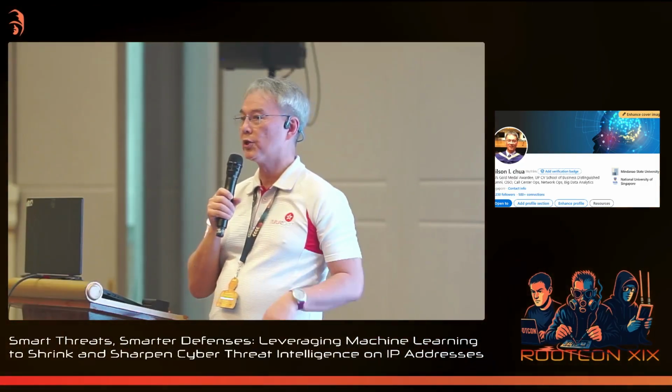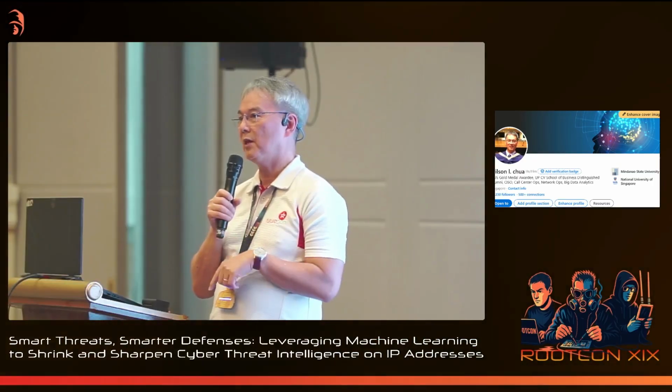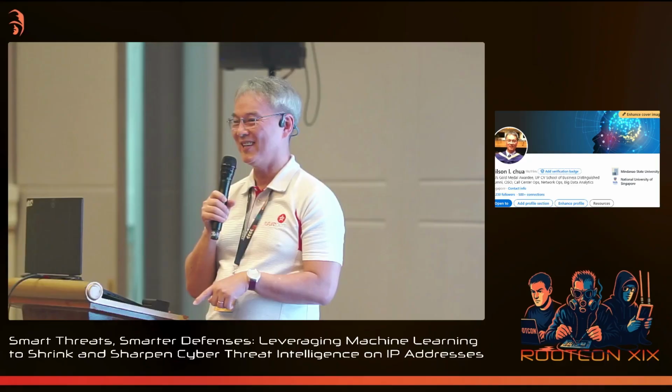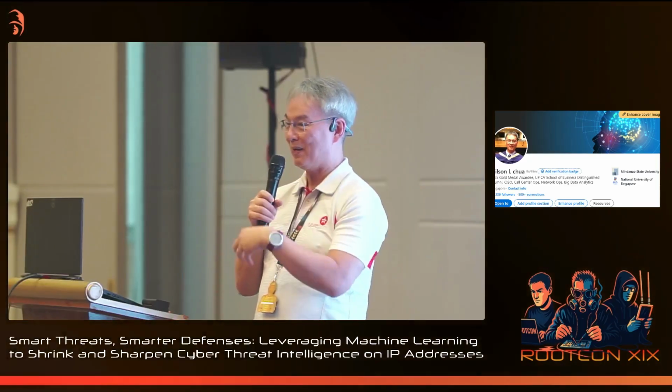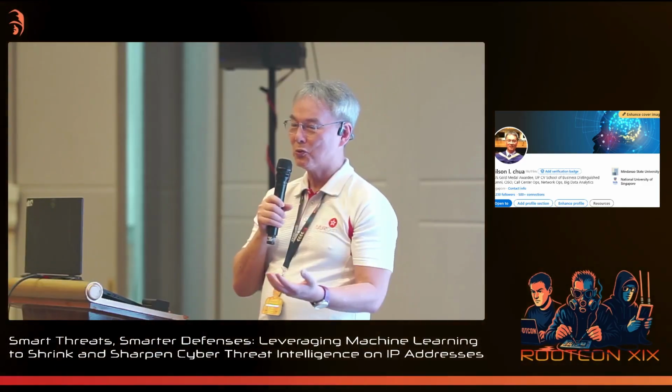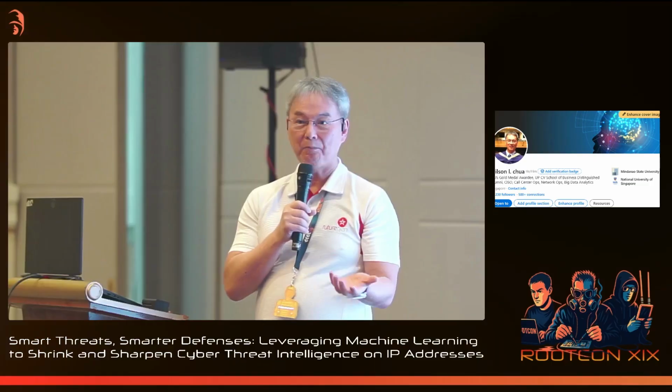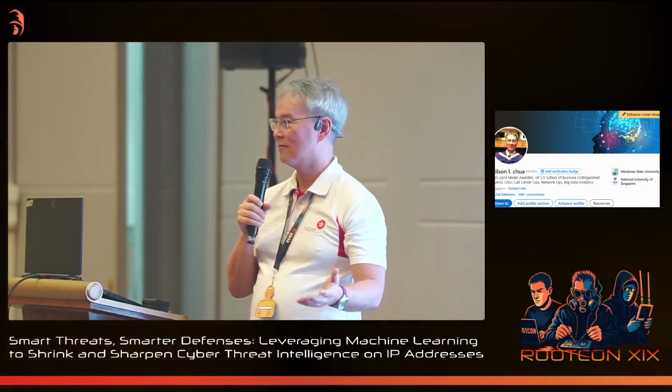Very good question. There is a 60 to 70% chance that we will block it because hackers never attack from their own IP. They have to use a compromised IP somewhere out there, right?